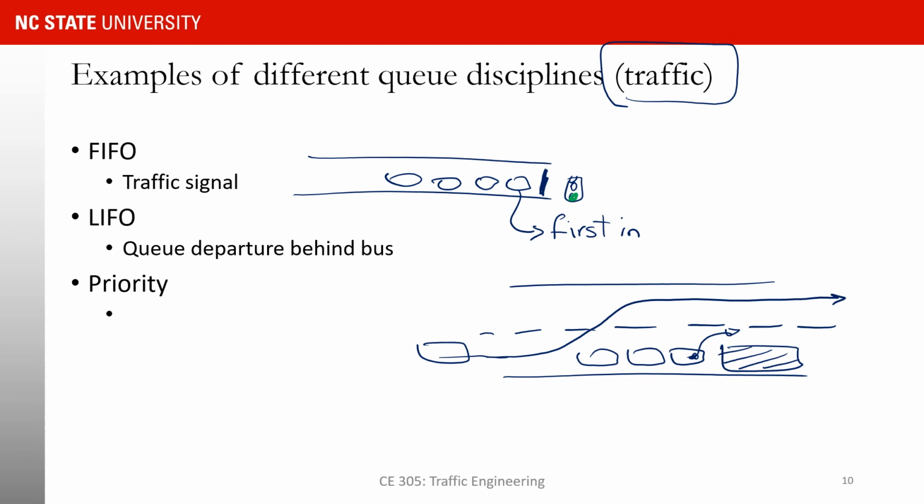And when this vehicle is gone, then this last vehicle here can go, and then the next one, and then the one immediately behind the bus. I mean, it does not always happen this way, but it's a good example of last in, first out. And for priority, can you think about some examples?